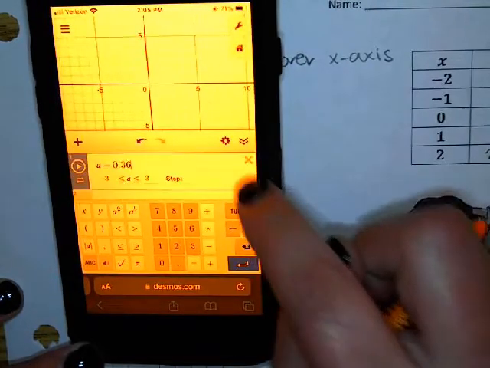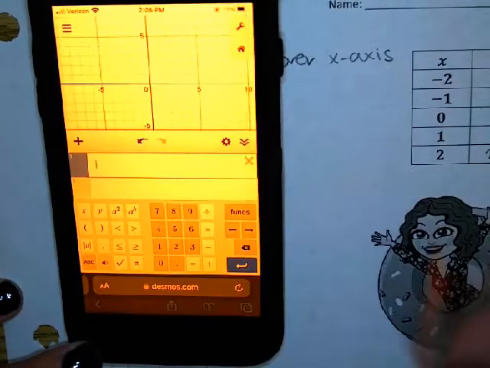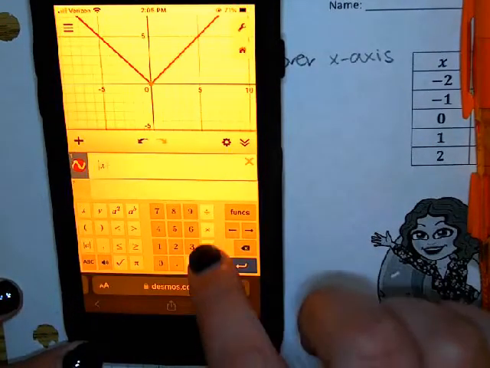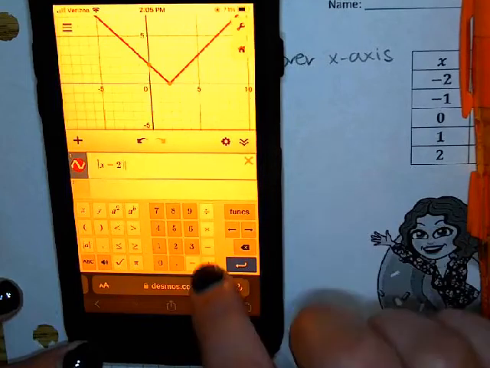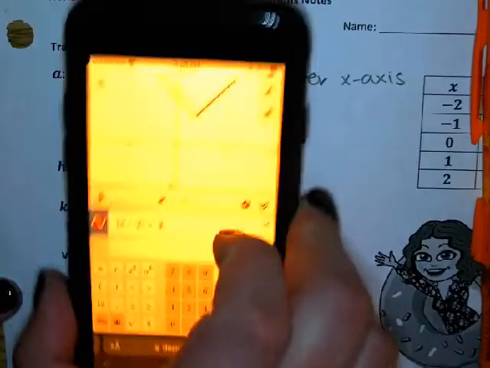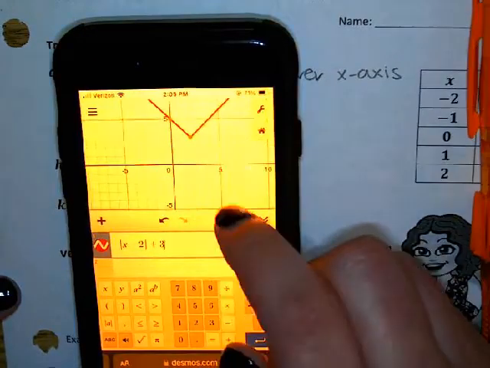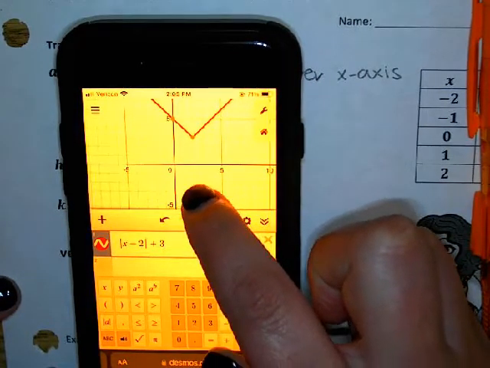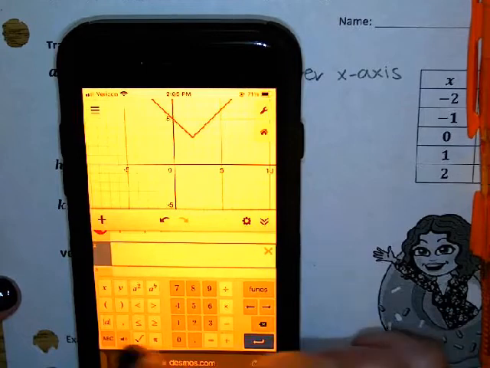So let's say that we have the absolute value of x minus 2 and then plus 3. You can see that the graph has been shifted to the right 2, and it's been shifted up 3, and you'll be able to tell that because I'll show you what a regular graph is.